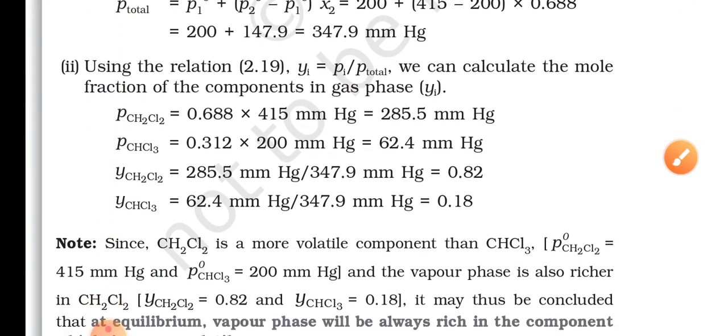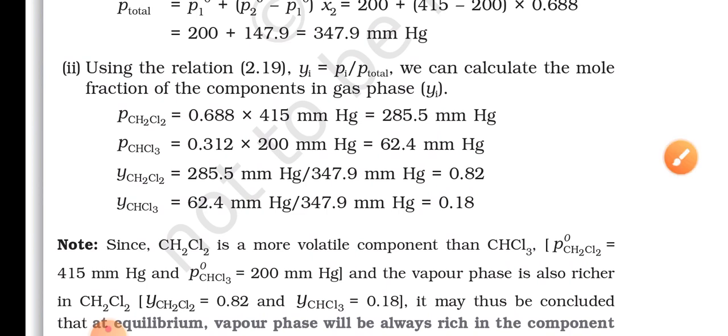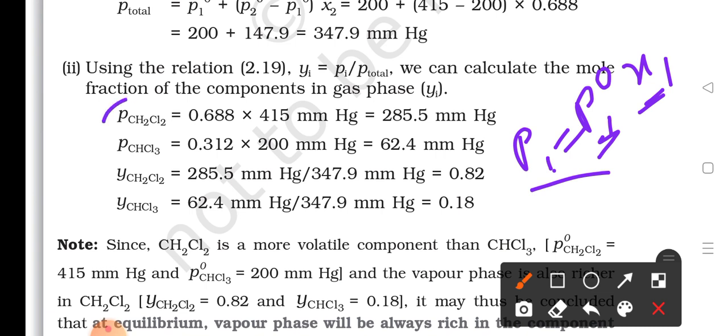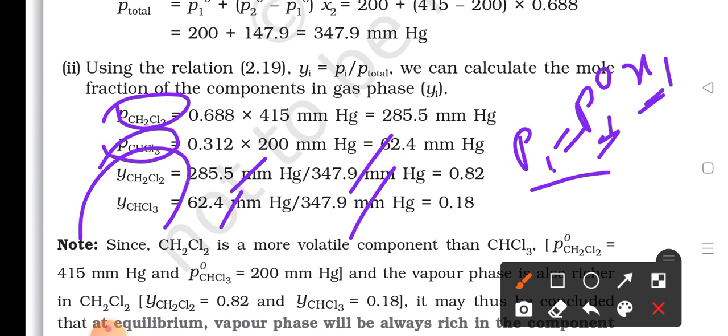For p1 and p2, we know that p1 equals p1 naught x1. We have the values, we just put them in and we get p1 and p2. Then we divide p1 by p total and p2 by p total, and we get the values of y1 and y2.